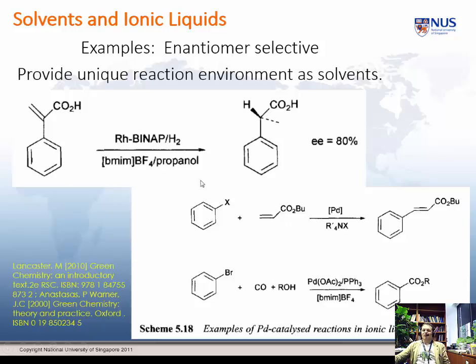So again, I won't worry, but you can see you've got what looks like a Lewis acid in here as part of the ionic liquid. Enantiomeric efficiency of 80%, one enantiomeric form over the other. And again, examples here very much refer you to the references where you'll find them discussed.